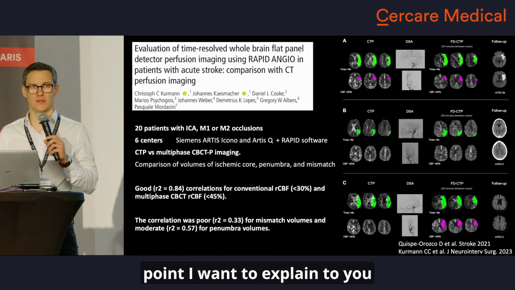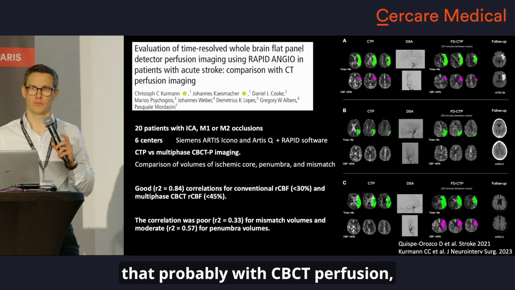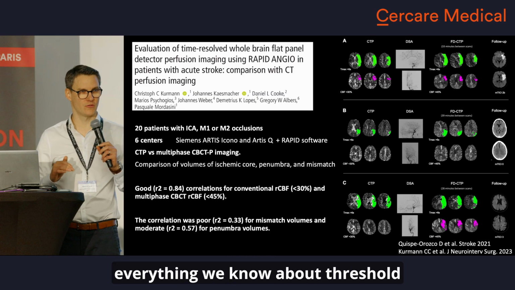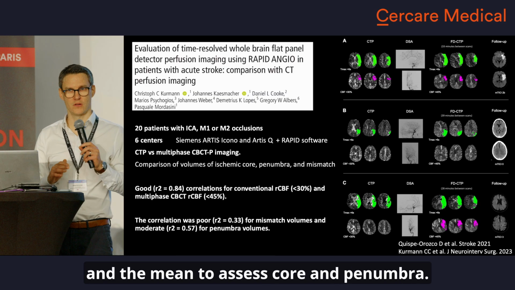So this is the first point I want to explain to you, that probably with CBCT perfusion we have to destroy everything we know about thresholds and the means to assess core and penumbra.